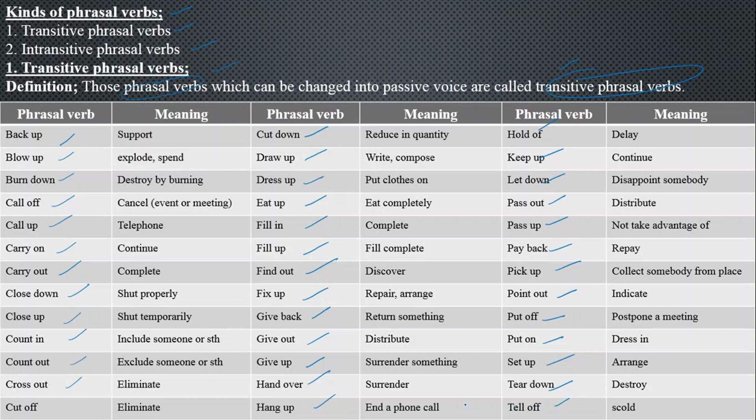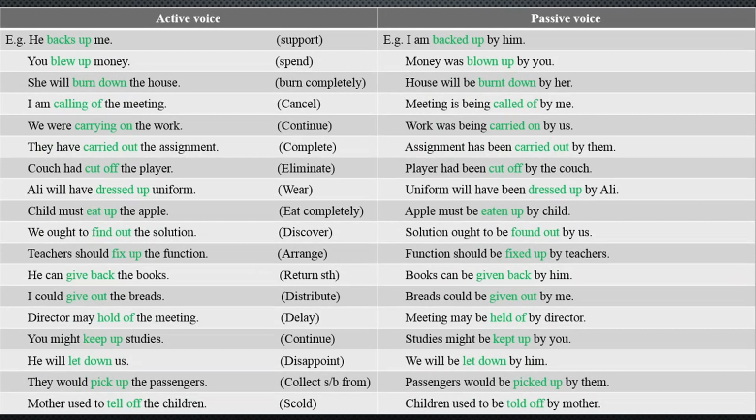These all are called your transitive phrasal verbs, means those phrasal verbs which can be changed into passive voice. I've changed some of them in the next slide.